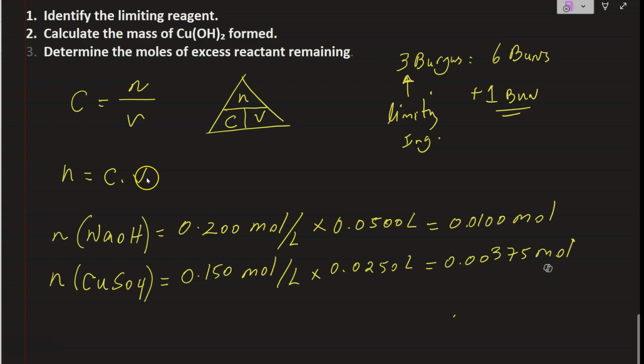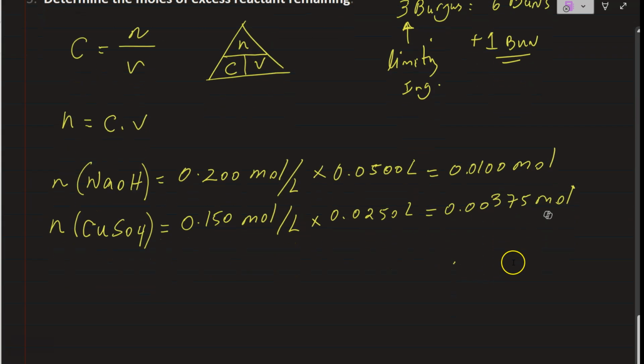So N equals CV. Remember, we changed 50 milliliters to 0.0500 liters, and 25 milliliters to 0.0250 liters. You do the math, and you end up getting 0.0100 mole for sodium hydroxide, and copper 2 sulfate will be 0.00375 mole.